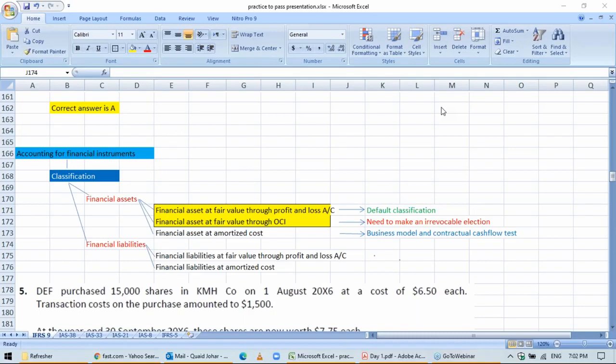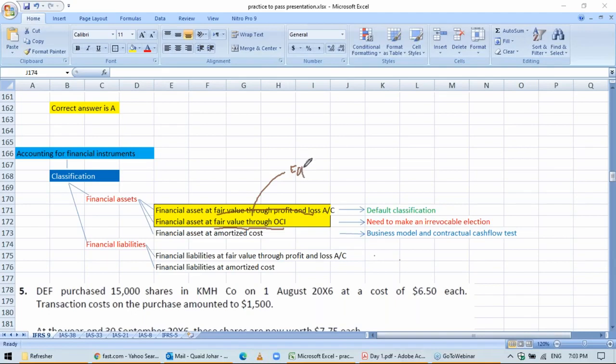Welcome back, students. I'm back. Let's move ahead. Let me recall a point which I told you before the break: these two categories, financial asset at fair value through profit and loss and financial asset at fair value through OCI, both can be used for equity investments.